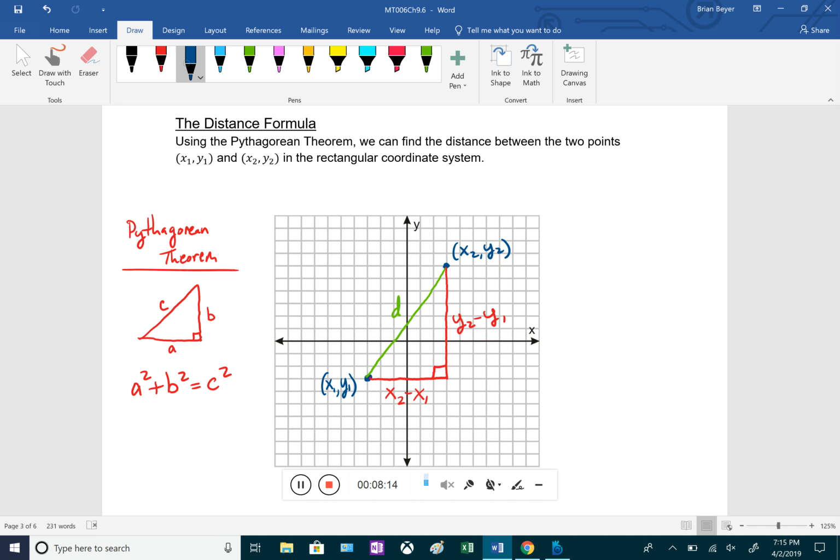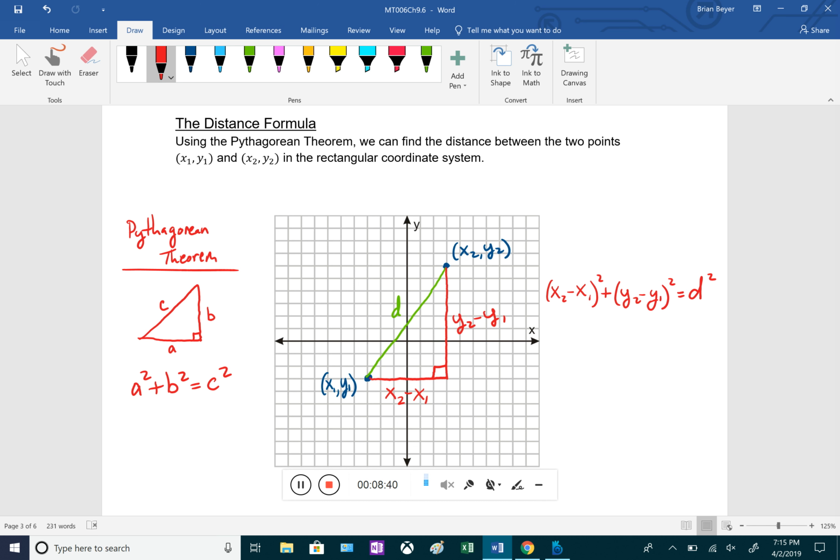So using the Pythagorean theorem, a squared plus b squared equals c squared, it's going to look a little messy, so I'm going to write it over here. It's going to be x2 minus x1 squared plus, so that's like a squared, plus b squared, which would be y2 minus y1 squared, equals the hypotenuse, which is d squared.